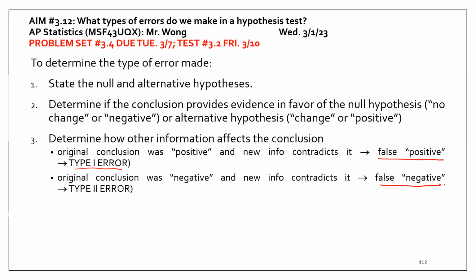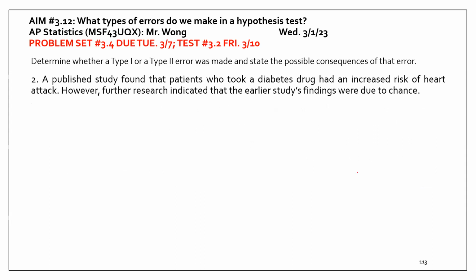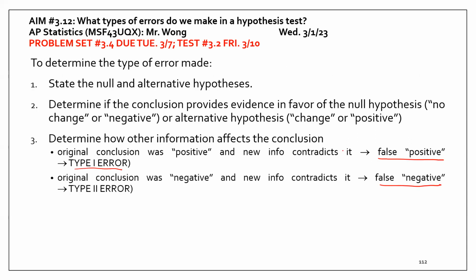And so we can think, again, of a false positive as incorrectly rejecting H naught.